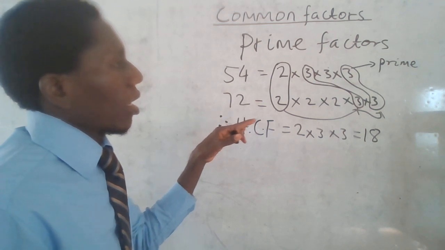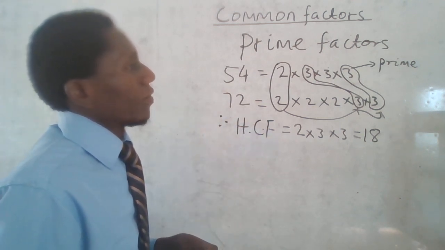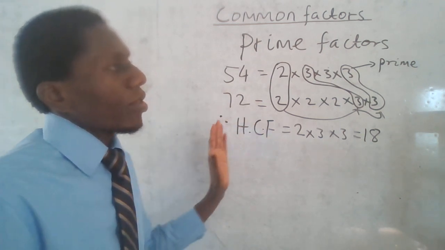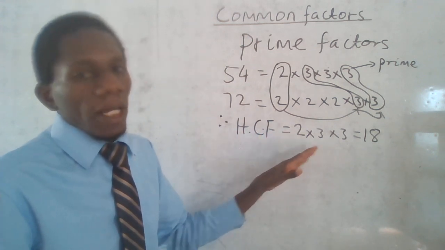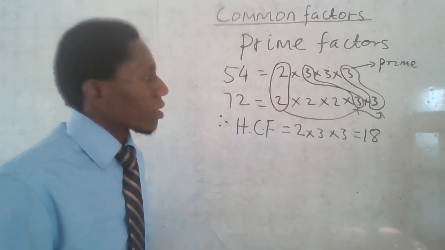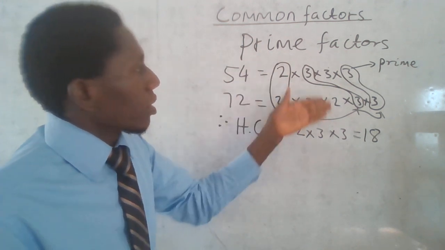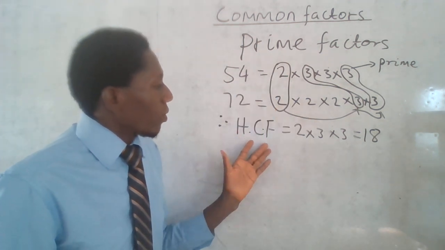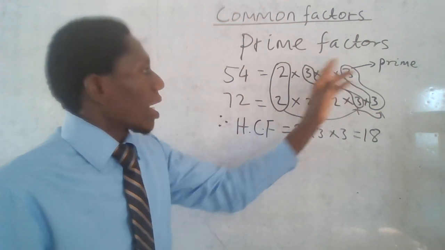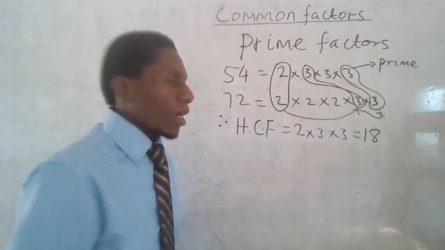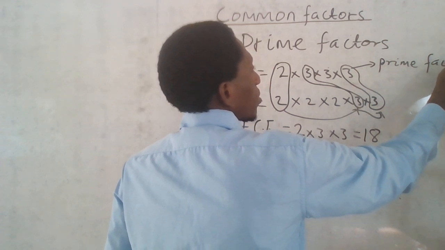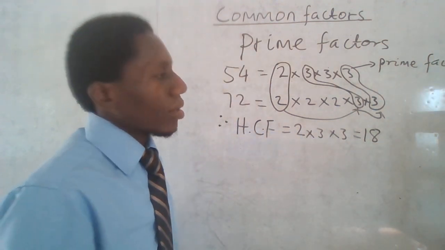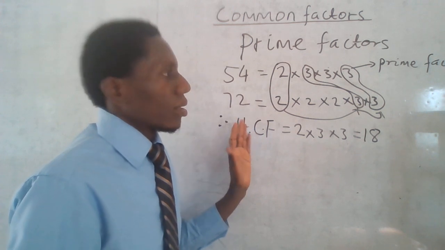Only the factors that are common to both numbers are picked and multiplied together to give us the highest common factor. So this is what we mean by highest common factor, and this is what we mean by prime factors. Okay, so that's it.